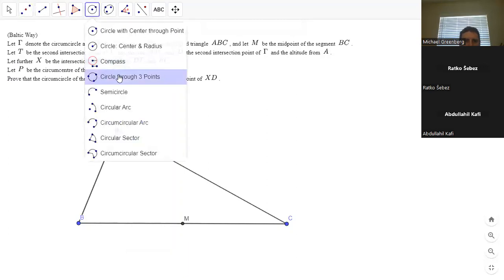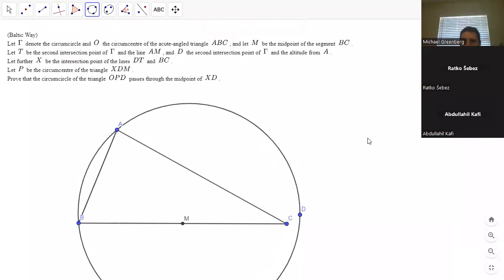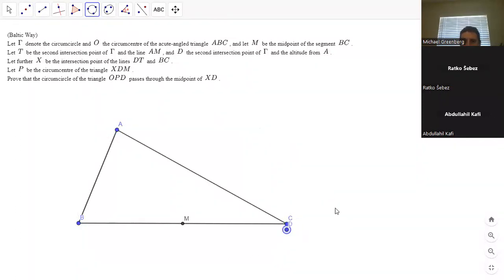And we draw the circle. T is the intersection of it with AM. Whoops. It's driving me crazy.